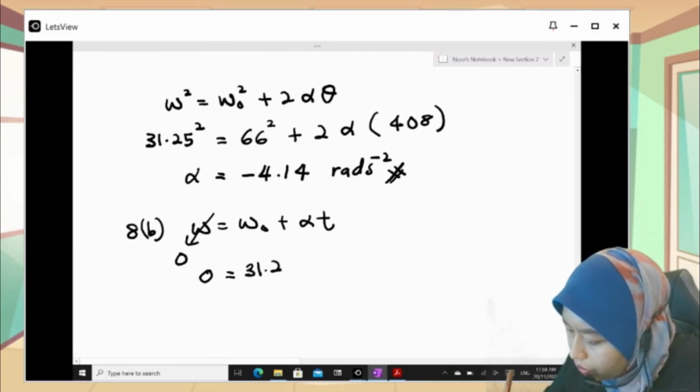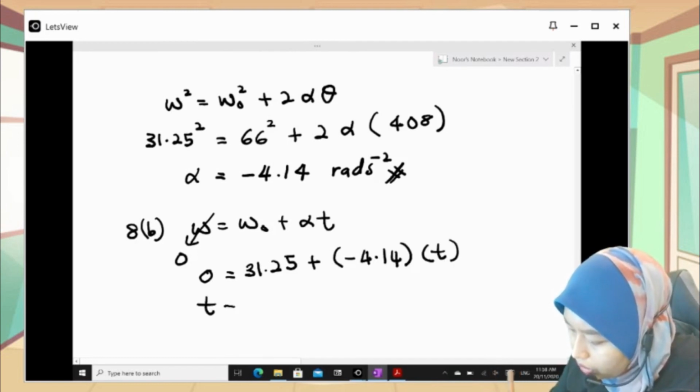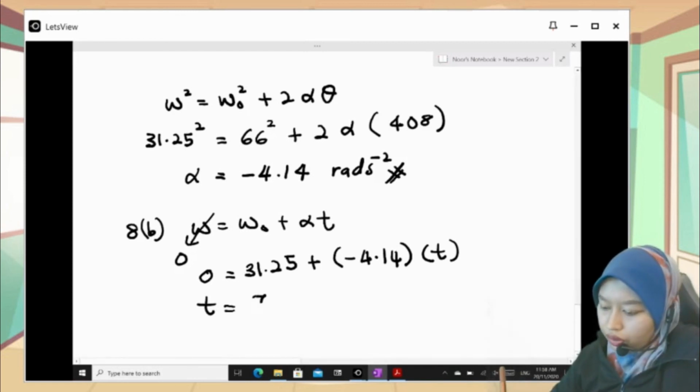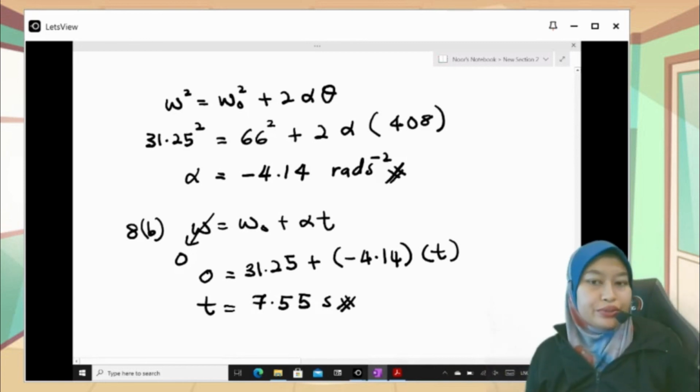So 0 equals 31.25 plus negative 4.14 times time. So the time is 31.25 divided by 4.14. So we've got 7.55 seconds. So that's all.